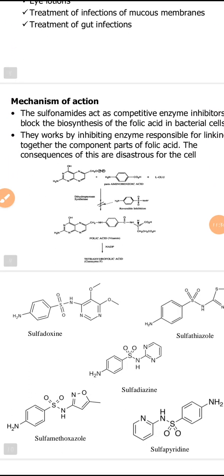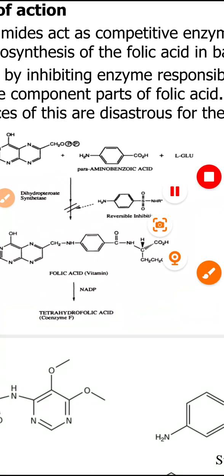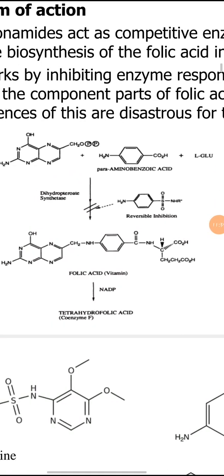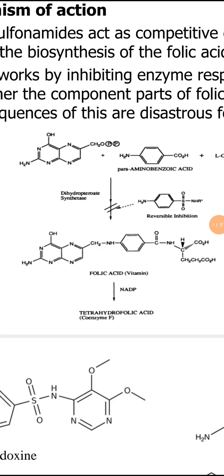This is the mechanism of action of sulfa drugs. The mechanism of action is inhibition of the enzyme that is responsible for incorporating para-aminobenzoic acid with other important metabolites to form folic acid.